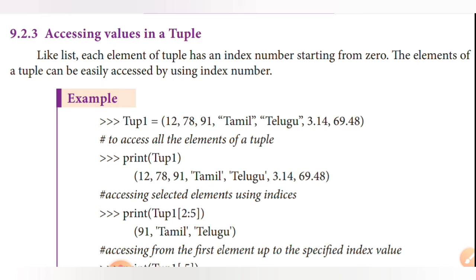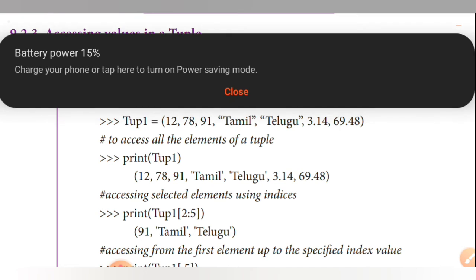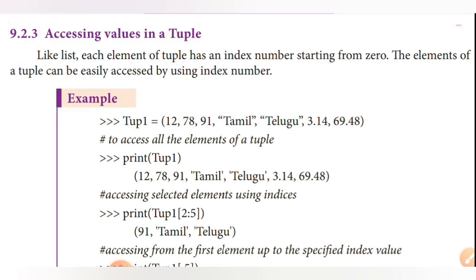Why is the fifth element not shown? Because the stop value always takes stop minus 1. So 2 to 4. The index 2 has the value 91, so 91, Tamil, Telugu are displayed on the monitor. These three elements are shown. This way you can access elements from the tuple.